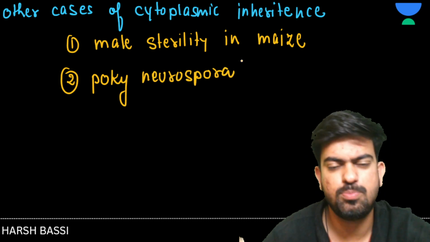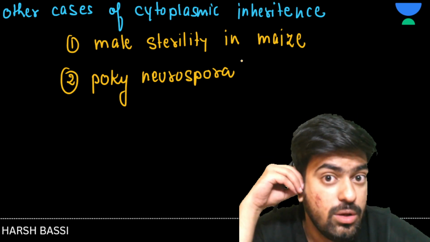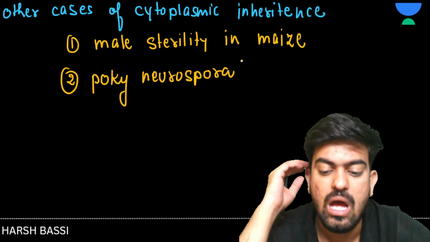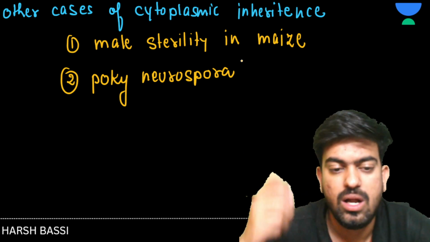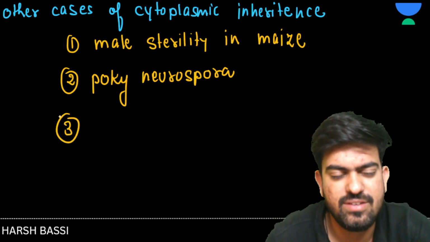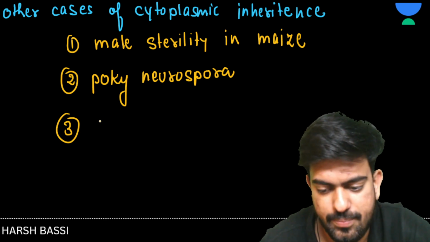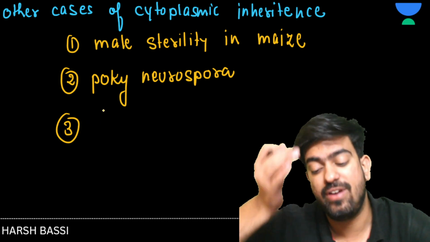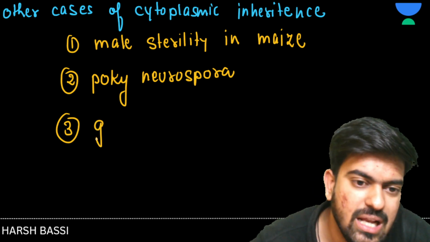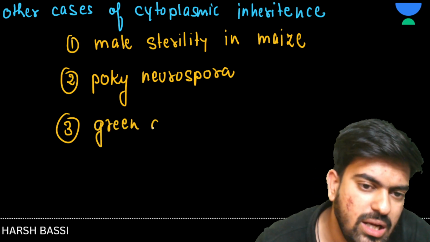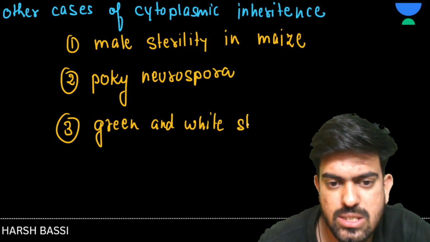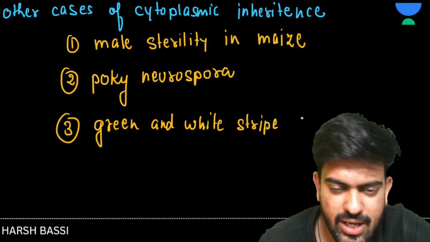If the Neurospora is poky, the poky condition is also cytoplasmic inheritance. And let's have IOJAP inheritance in maize. What is this? Green and white stripes in maize.